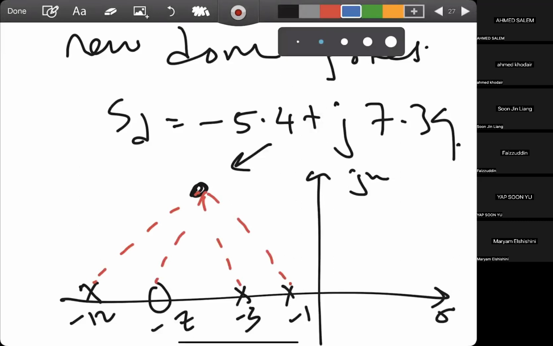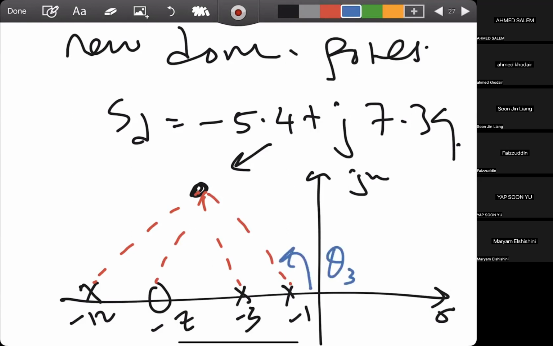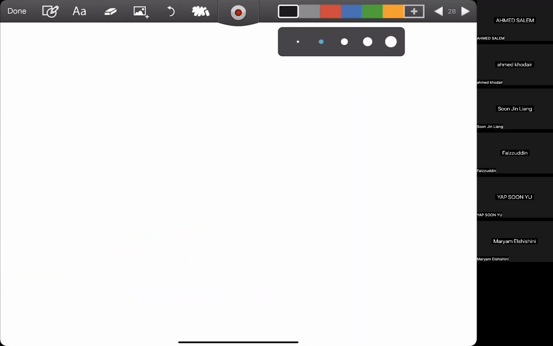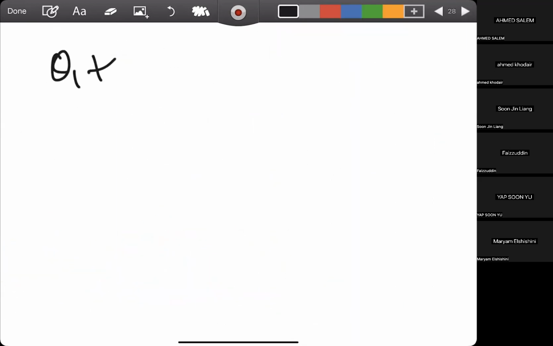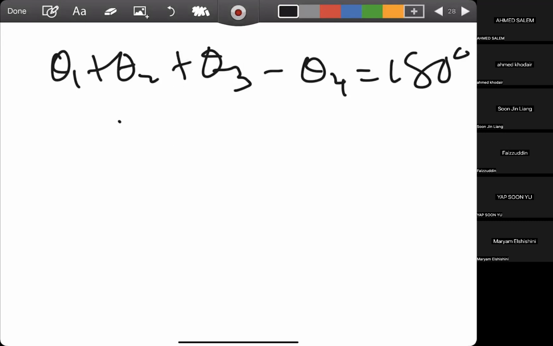Then find the angle. So use the formula theta 1 plus theta 2 plus theta 3 minus theta 4 equals 180 degrees.